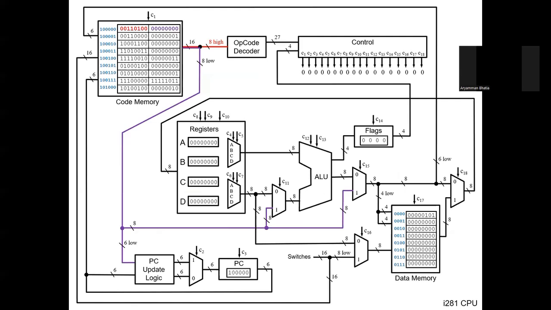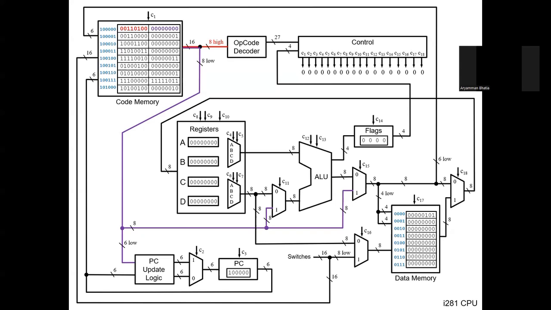So yeah, you have the 8 high bits going through the opcode detector. The lower bits go either into the ALU or into the data memory. So if your operation is adding, you're inputting some value which you want added to some value stored in a register, you would send these 8 bits to the ALU.